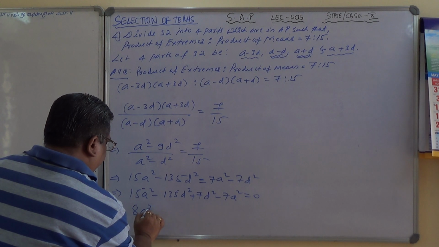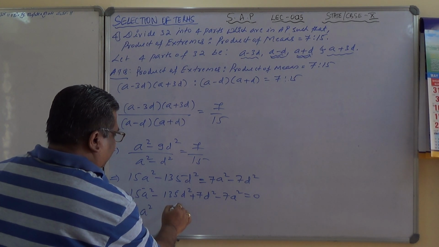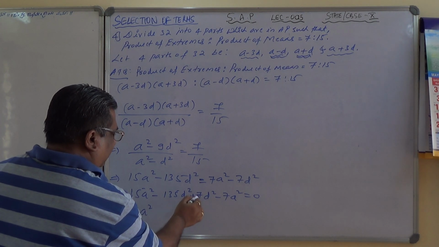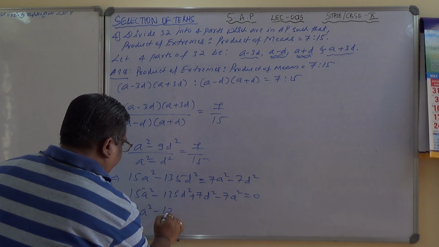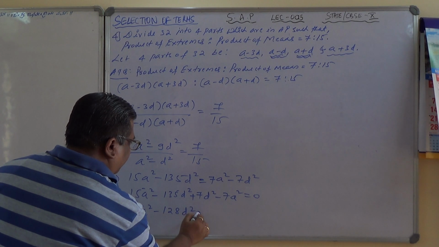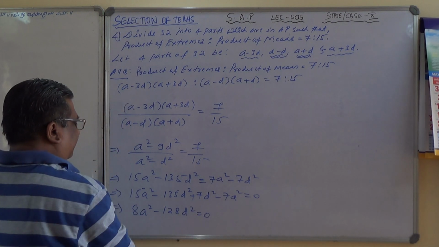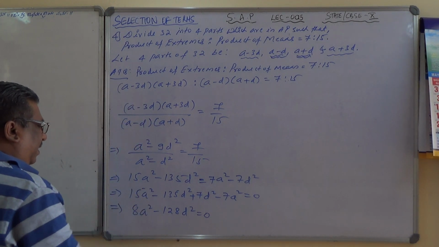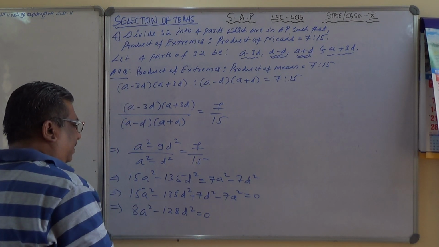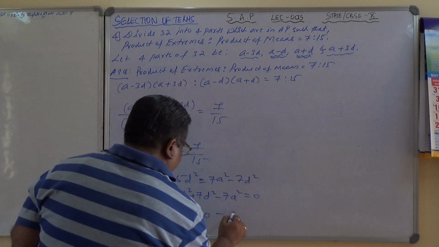Then minus 135 minus 7, that is 128. 8A square minus 128D square equals 0. Mark this as first equation.